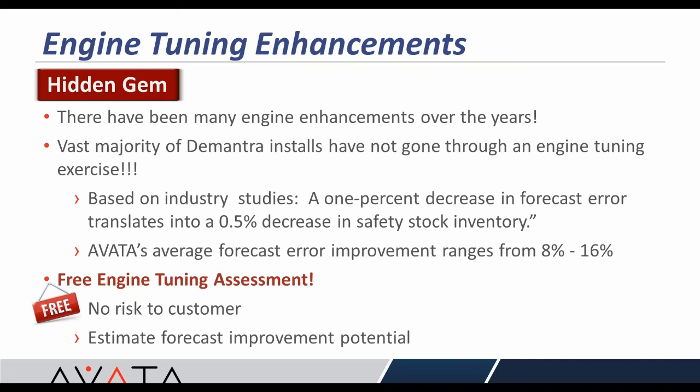Now, what does this talk mean in dollars and cents? Well, several industry studies say a 1% improvement in your forecast accuracy, or decrease in your forecast error, can improve your safety stock inventory by 0.5%. Now, think about that.